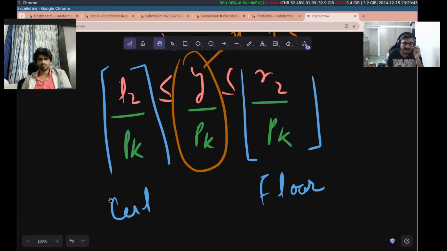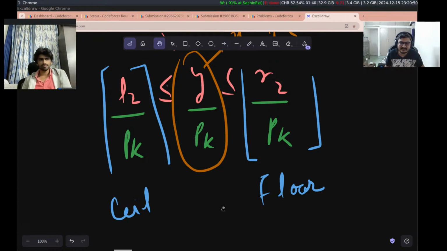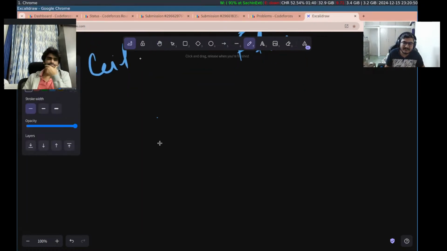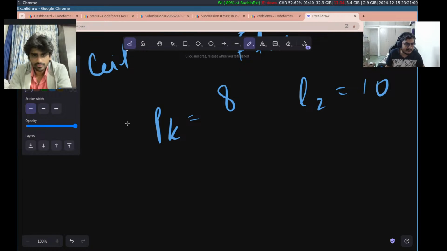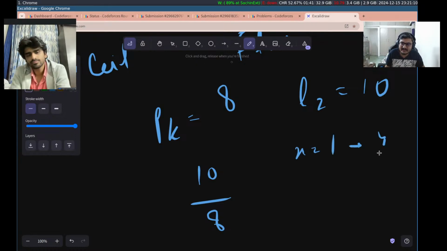Here the idea was you should take ceil, and here you should take floor. The main crux of the idea is, let's say for example we have pk equal to 8 and L2 equal to 10, and let's say k is 2, n is 3. Then for 10 by 8, you cannot take x equal to 1 here, because if you take x equal to 1, you will get y equal to 8. But if you take x equal to 2, you will get y equal to 16.